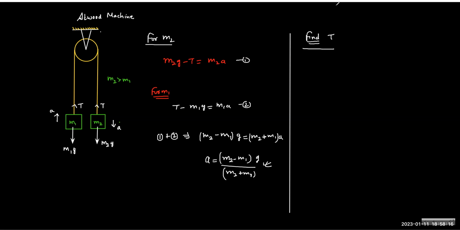So T is equal to 2 into M1 M2 G by (M2 plus M1). Very good. Are you guys getting the same answer? Yes, sir.